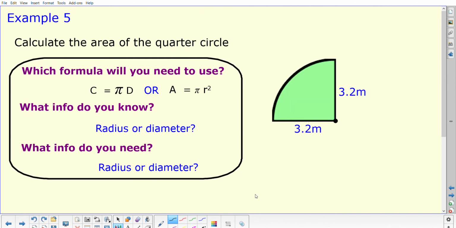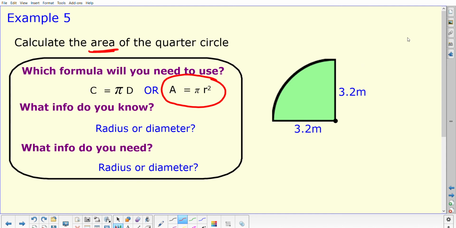Final example we're going to look at, calculate the area of the quarter circle. So key thing, area is mentioned. So which formula do you need to use? It's clearly going to be the area formula we are using. What information do you know?